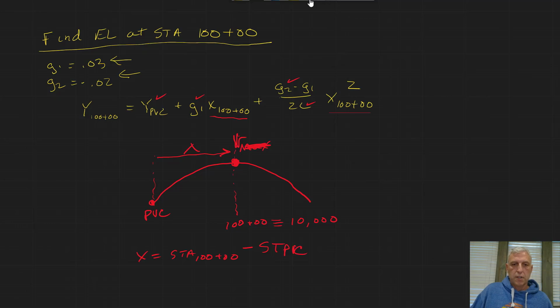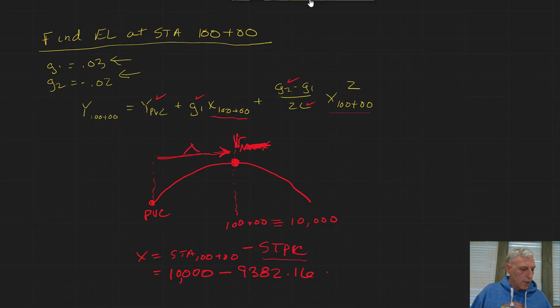That gives us this distance X. So that equals 10,000 minus our distance of station PVC, which is 9382.16.